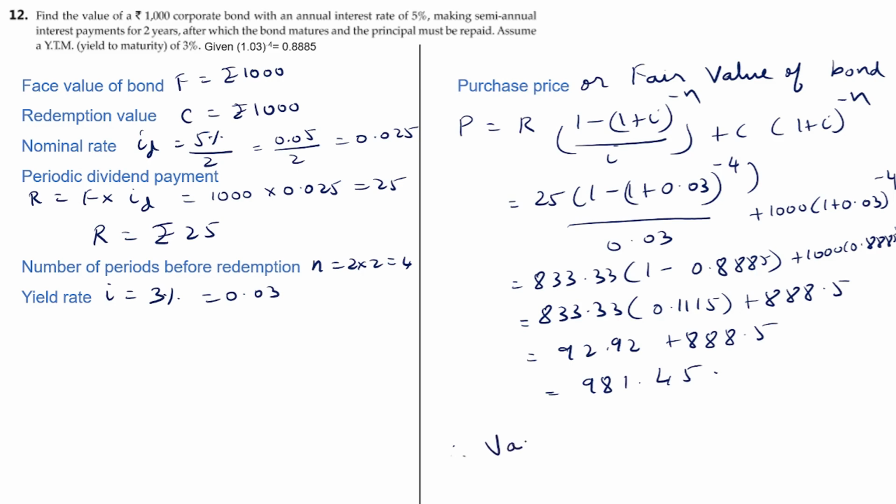Therefore, value of the bond V is equal to rupees 981.42.